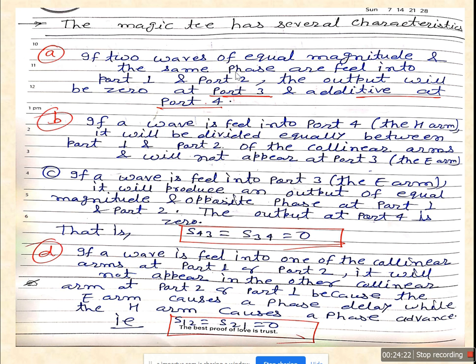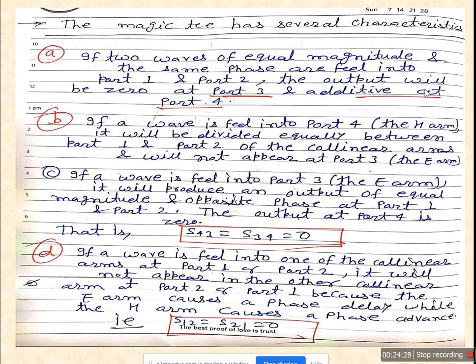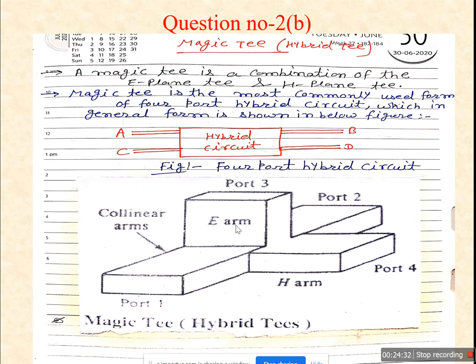Here the same phase is mentioned. Then at port 3 it will be 0. At port 4 it combines, it is additive at port 4. Port 3 provides the opposite phase. It's a subtractive type, and if you subtract it, you will get 0.